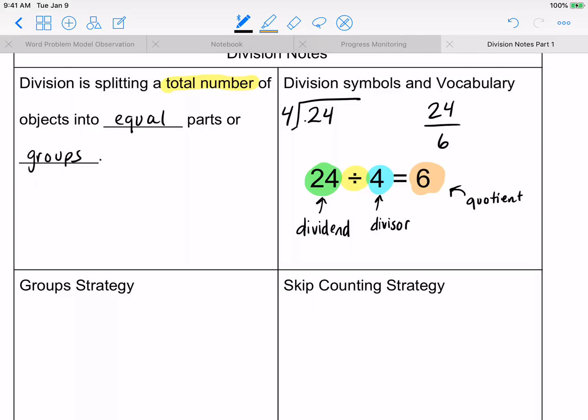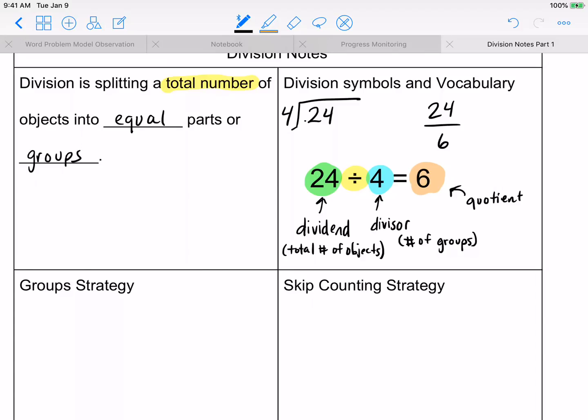So we have dividend, divisor, and quotient. Dividend, again, is the total number, that's the number symbol, of objects. The divisor is the number of groups or the number of shares in each group.